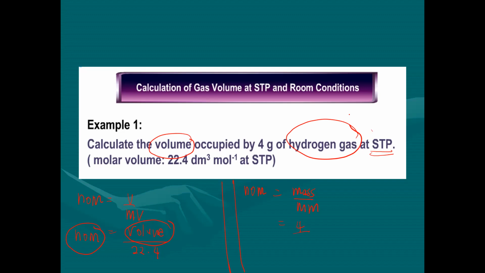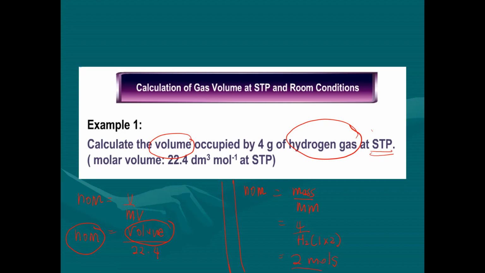Because they say hydrogen gas, obviously we will assume that it is H2. Correct or not, class? So here will be 1 times 2, which is 2. Now get the answer for the teacher. What's my number of moles here? 4 divided by 2. Very good, 2. So the teacher gets 2 moles here.